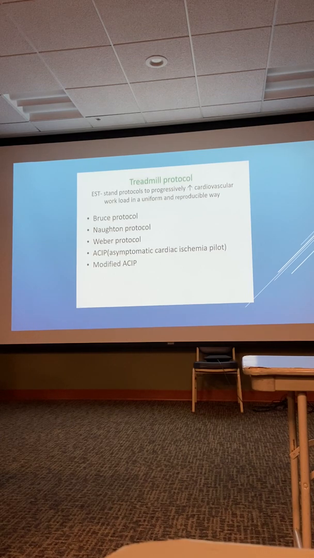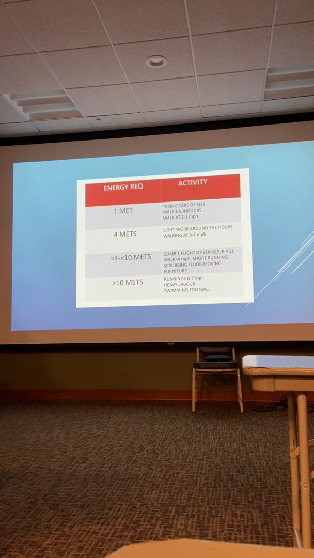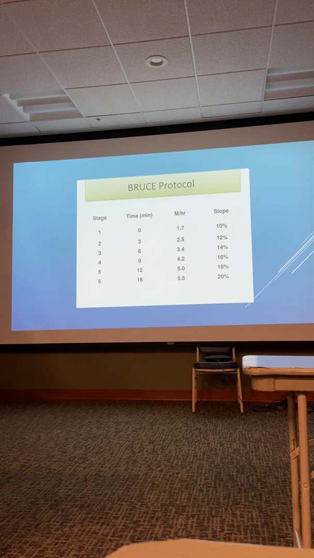Bruce protocol is the most common one that we use, but there's a modified Bruce protocol, there's a non-protocol. But the Bruce protocol is the most common, and that's the protocol right there. So stage 1, they're going at 1.7 miles an hour at 10% grade, and in each successive stage, the speed of the treadmill goes up and the grade goes up.